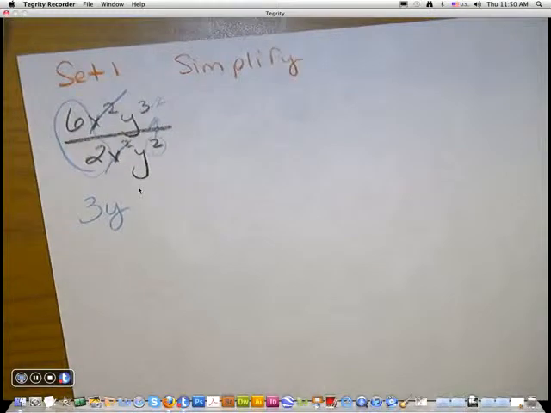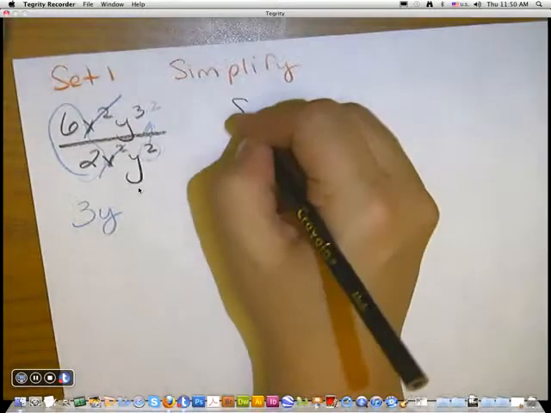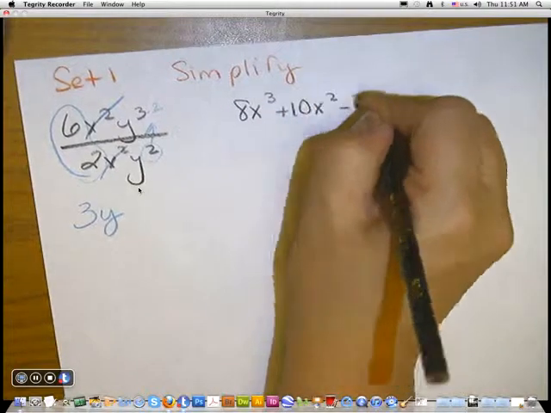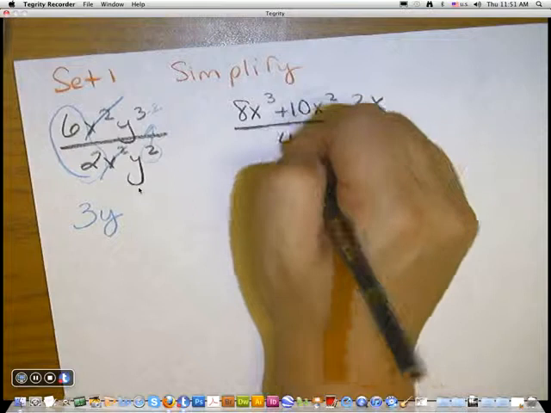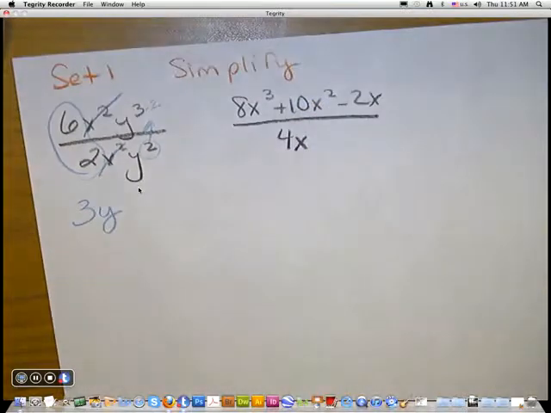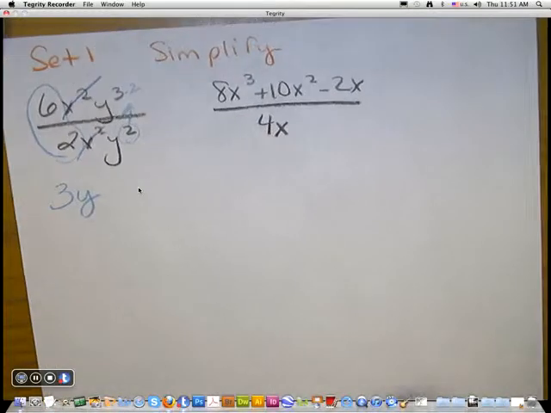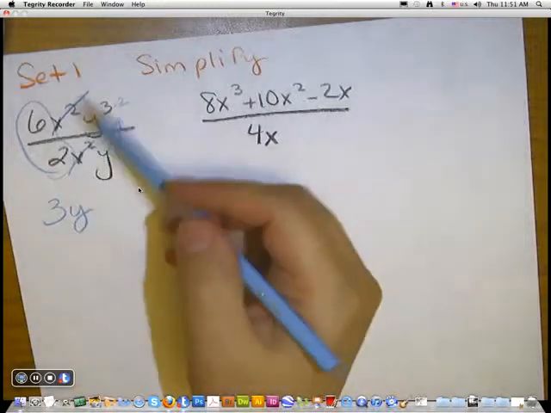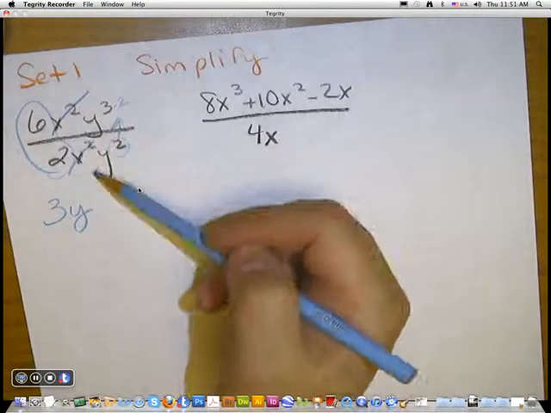All right, so let's look at something that does have some plus minuses. Here I have 8x cubed plus 10x squared minus 2x. What I want to do is I want everything to be multiplied. Much like this monomial, I could cancel things because everything was multiplied.